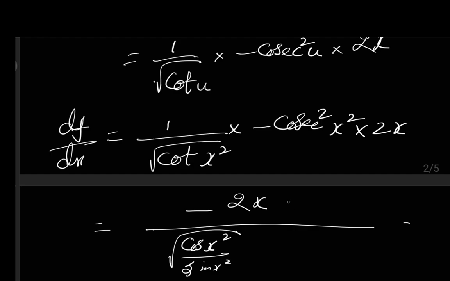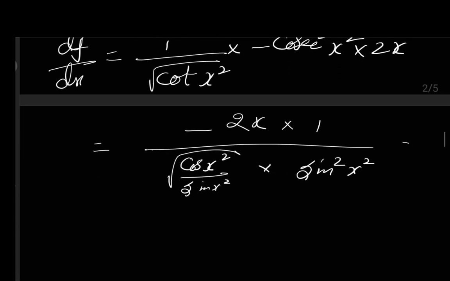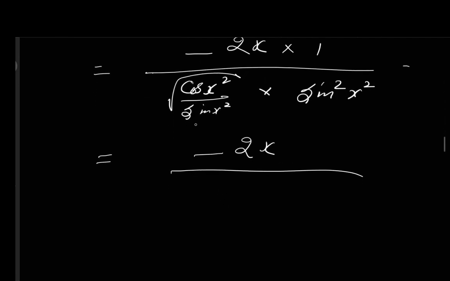What about this cosecant? 1 by sin. So 1 by sine squared x squared. So minus 2x divided by, let me take this root of sine x squared to the numerator. A fraction gets reciprocal, so it goes to the numerator.